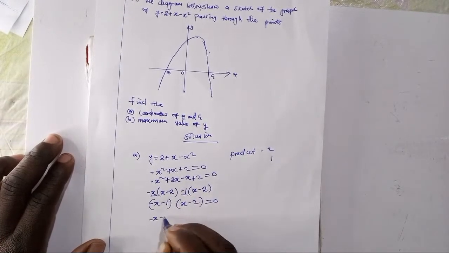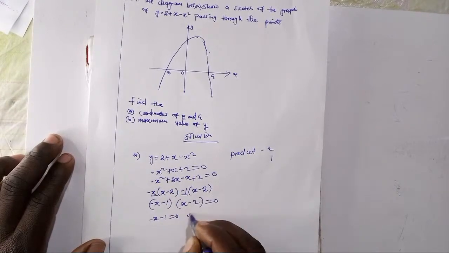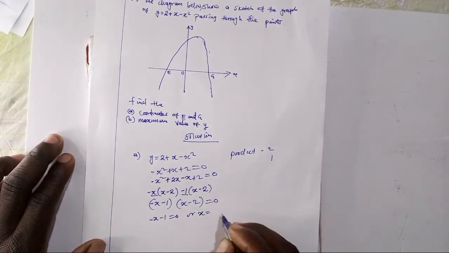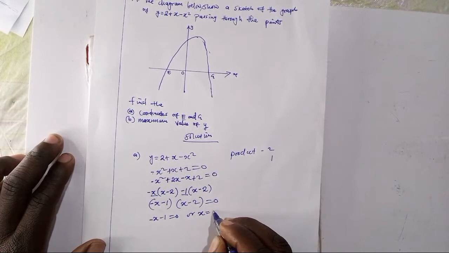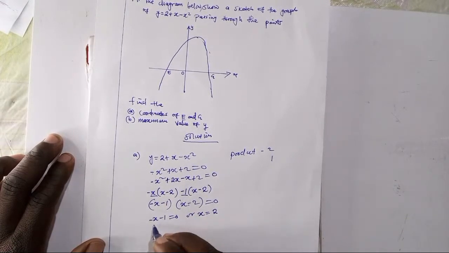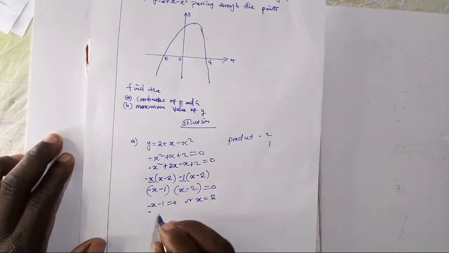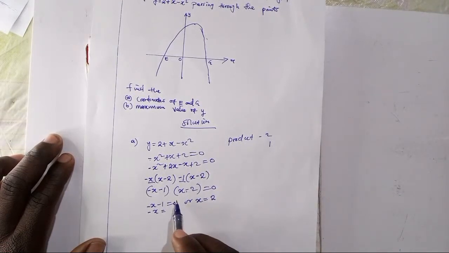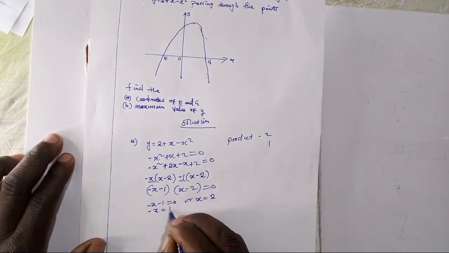So minus x minus 1 is equal to 0, or x equals 2, because when this crosses the equal sign it becomes positive 2. So here we have minus x equals, when minus 1 crosses the equal sign, positive 1.